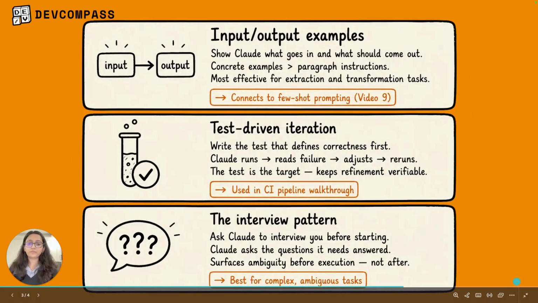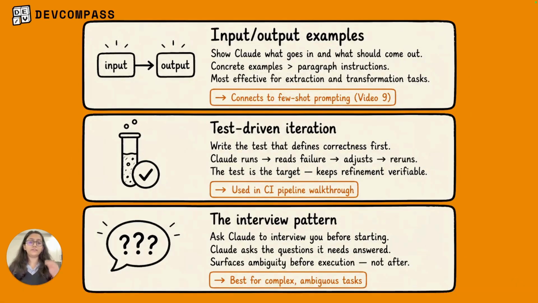Now, let's look at the 3 refinement techniques that sit between the first output and the final result. First is input-output examples. You show Claude exactly what goes in and what should come out with concrete examples. It is most effective for extraction and transformation tasks, and it connects to few-shot prompting, which we will talk about later.